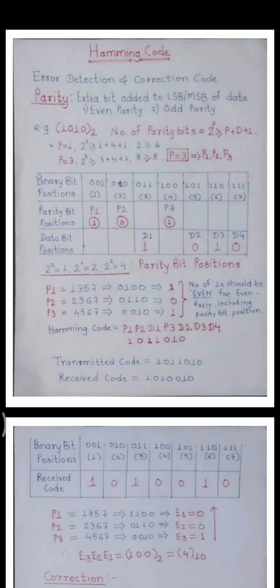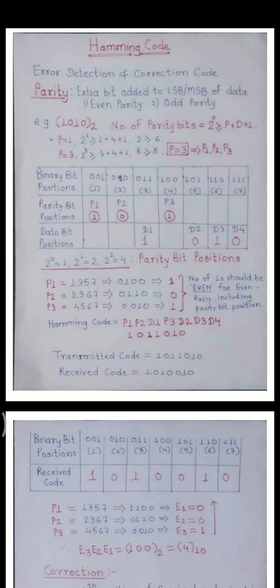Next is 101, here 1 is at the LSB, and last is 111, here 1 is at the LSB. So the group becomes 1357 positions.